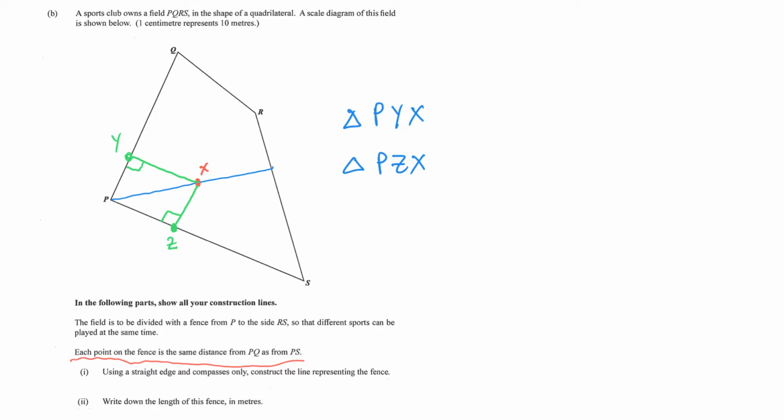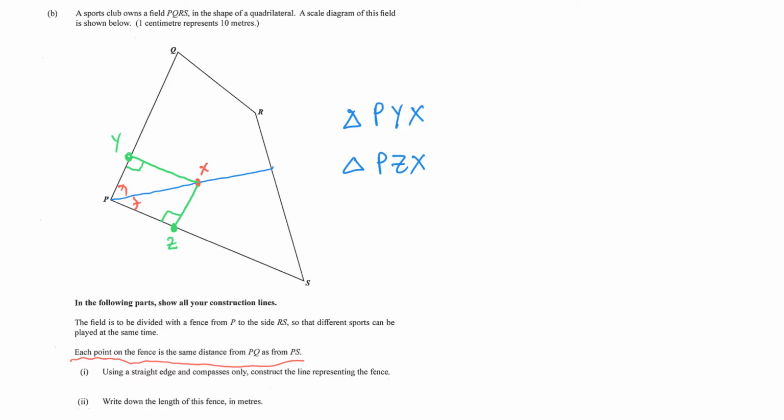If the angles YPX and ZPX were the same, then by the angle-angle-side property, we would be able to conclude that triangle PYX is congruent to triangle PZX. And that would force the length XY to be the same as the length XZ, meaning each point on the fence is the same distance from PQ as from PS.